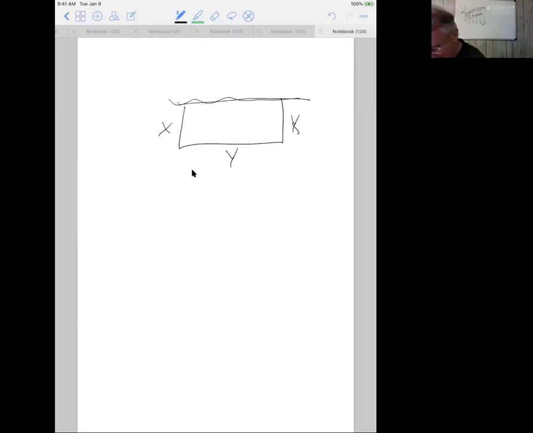Because it's not 4 sides, there's only 3 sides. So the fencing equals 2x plus y, and we were told that there are 1,600 feet of fencing. So the formula comes to 2x plus y equals 1,600.